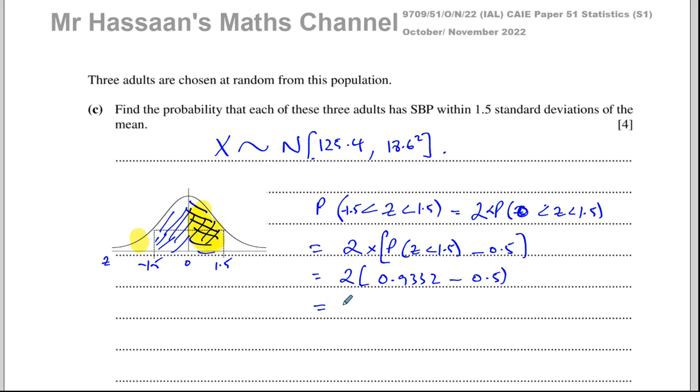This will give me the probability that Z is between minus 1.5 and 1.5. Let me write that a bit neater, sorry.